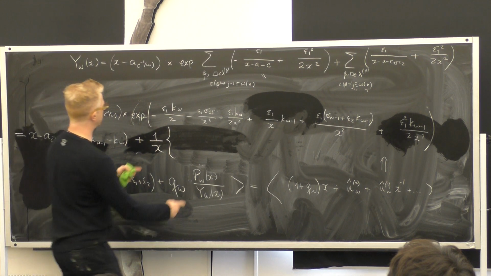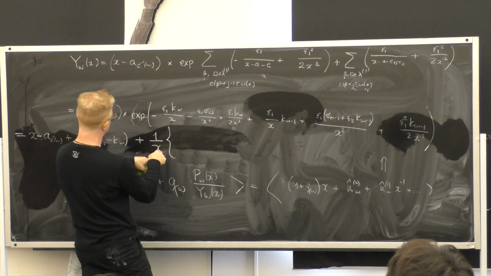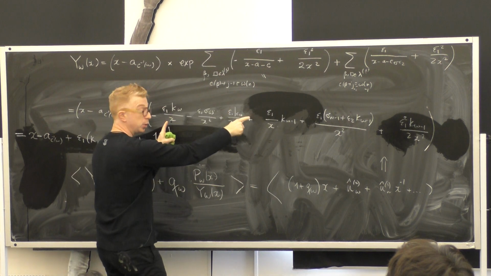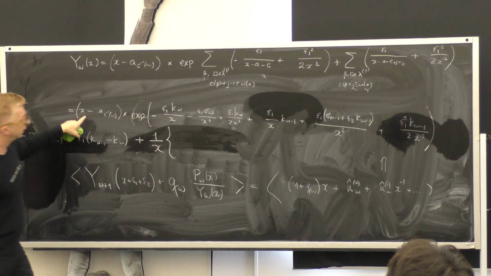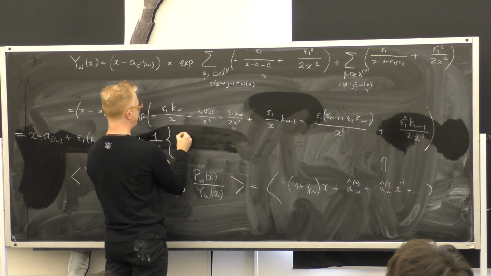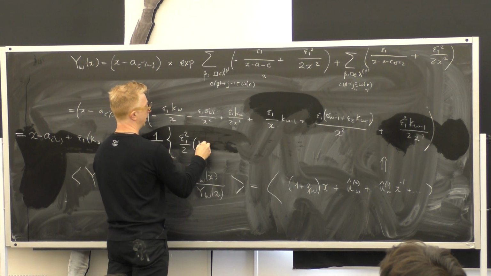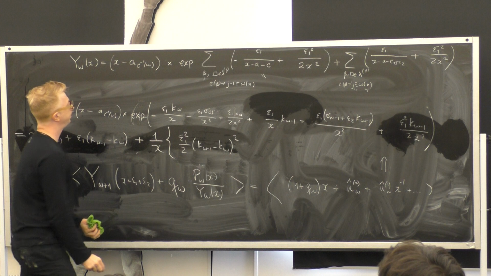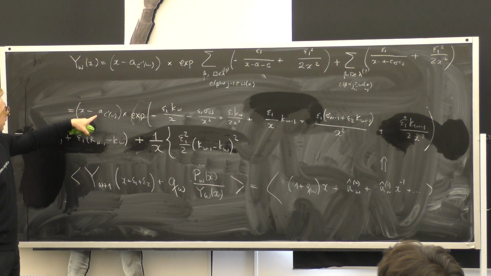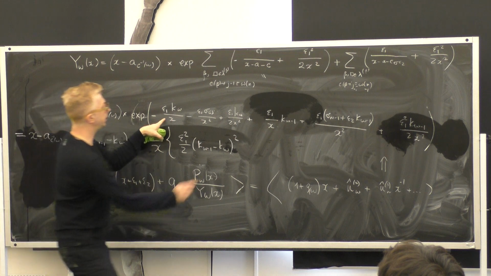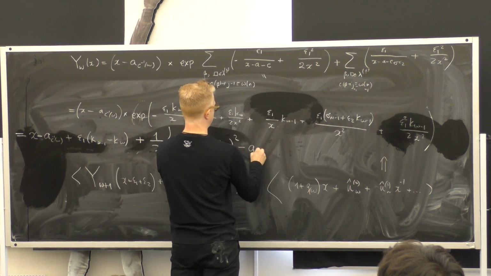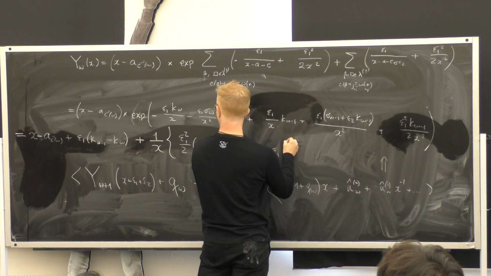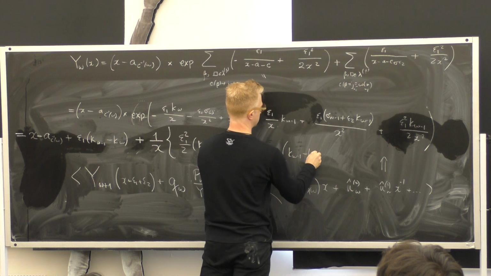So we get 1 over x, first of all, by taking the square of 1 over x here, we get by expanding the exponent up to 1 over x squared term and multiplying it by x. And so that we get either by taking the square of something, which is epsilon 1 squared over k minus 1 minus k omega squared, or we get by multiplying a times the linear term. So it's minus a c minus 1 omega epsilon 1 k omega minus 1 minus k omega.